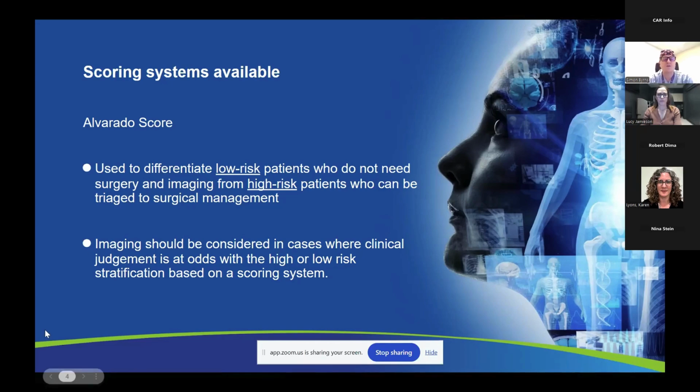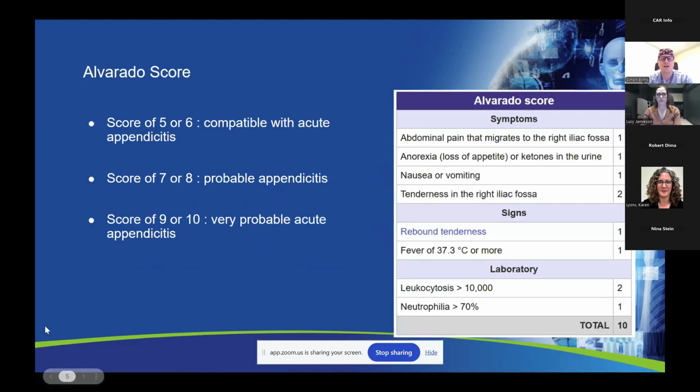I think these are very useful for reminding diagnosticians what the most predictive components of both the history and the physical examination are for making a reliable prediction as to whether this patient has or does not have appendicitis. And as you can see here, this is the example of the Alvarado score.